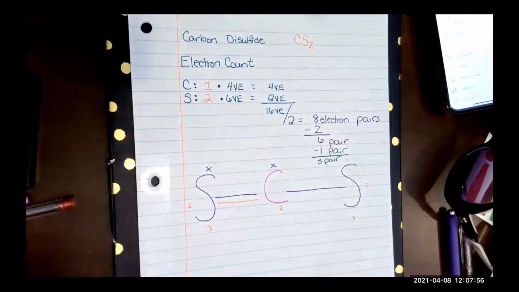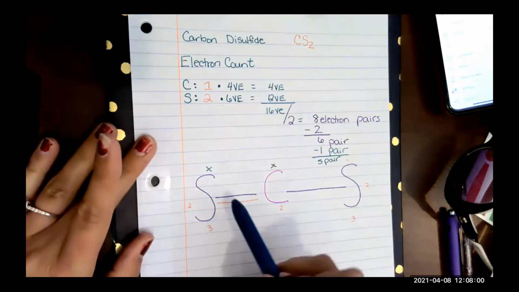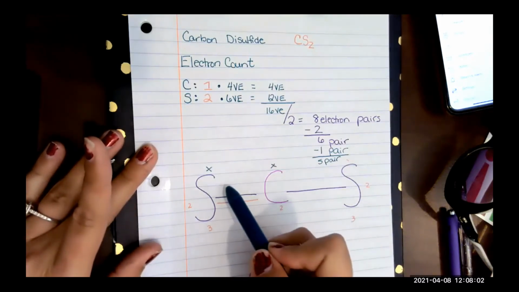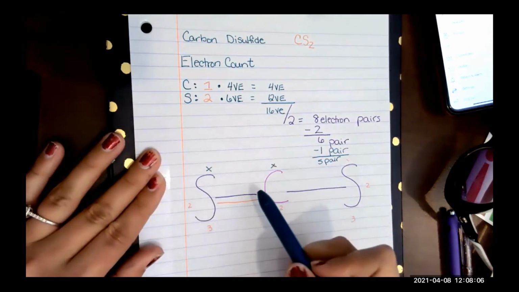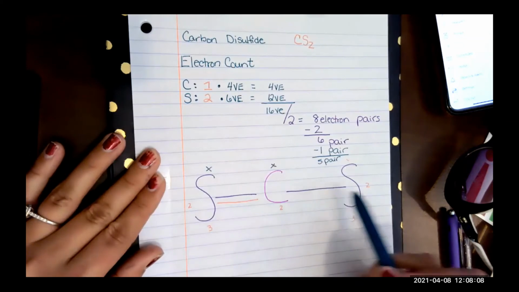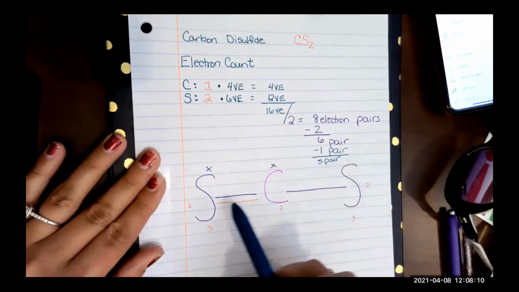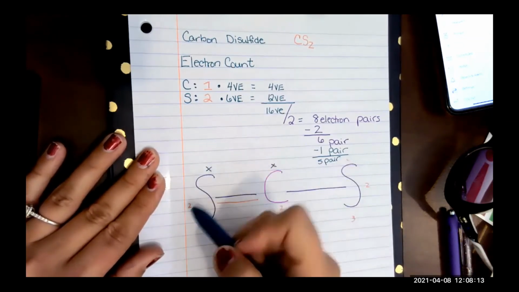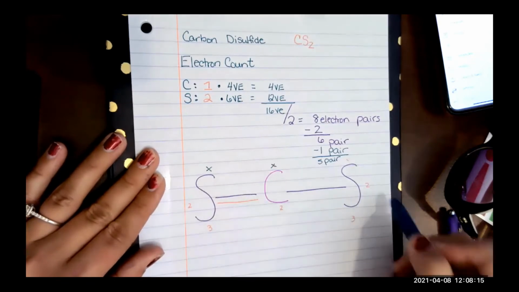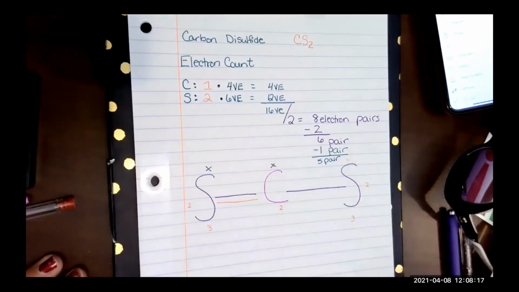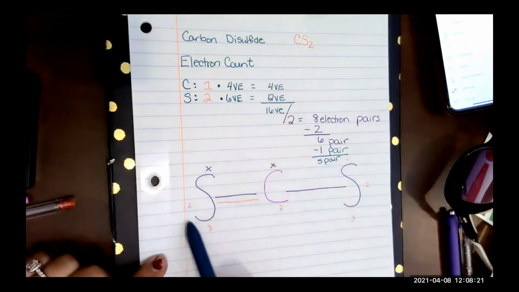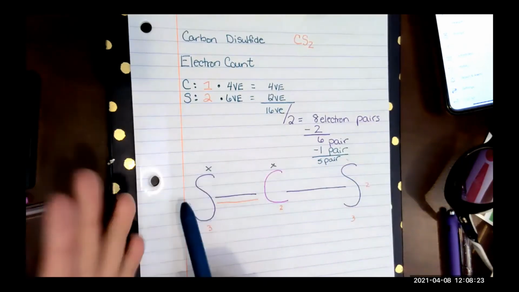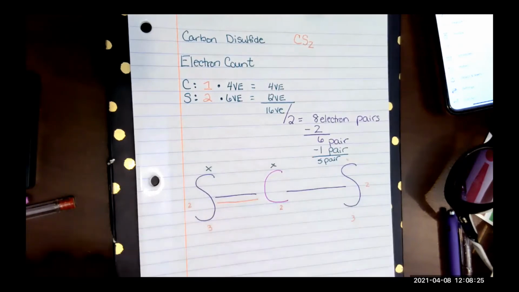But if we look, we still need, well, let's look. This sulfur has 1, 2, 3, 4 pairs. This carbon has 1, 2, 3, 4 pairs, and this sulfur has 1, 2, 3, 4. But we really only need 1, 2, 3, 4, 5, 6 pairs. We only have 5. We can't touch this sulfur because it's already at 8, which means now we have to look at this sulfur.